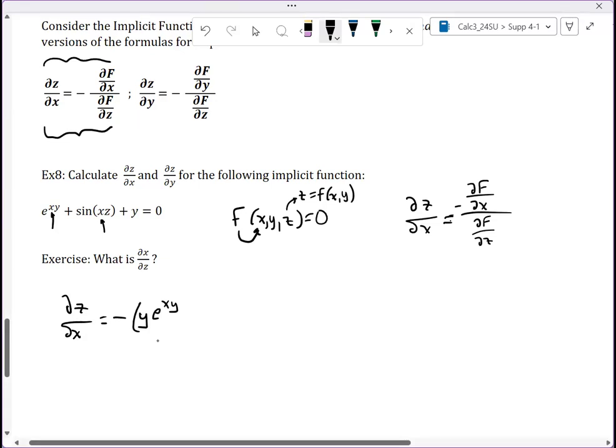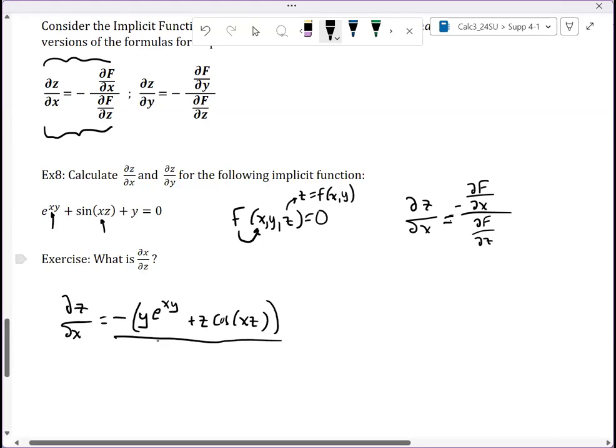Sine of xz has an x as the first factor in the argument. So differentiating that with respect to x gives me a plus cos of xz times z. And then the plus y doesn't have any x's in it, so it differentiates to 0.